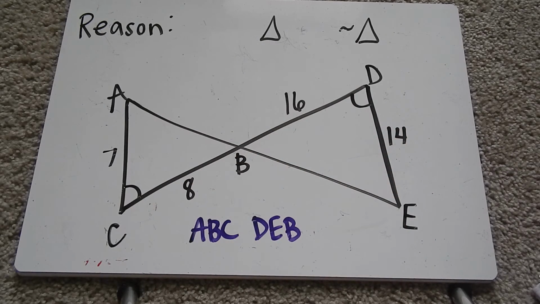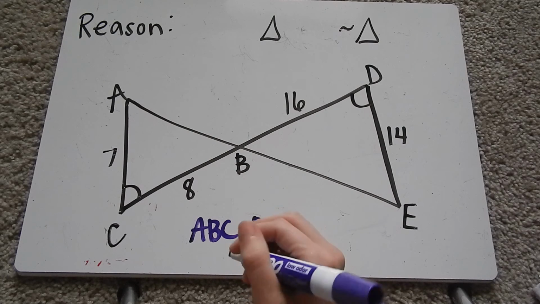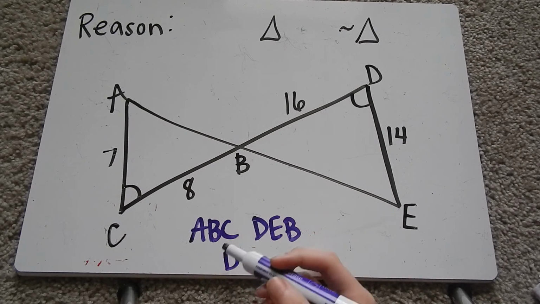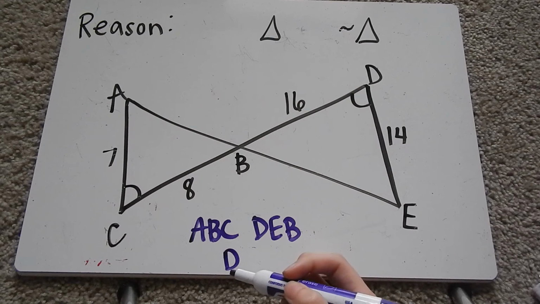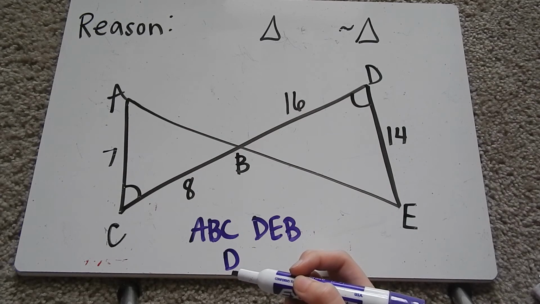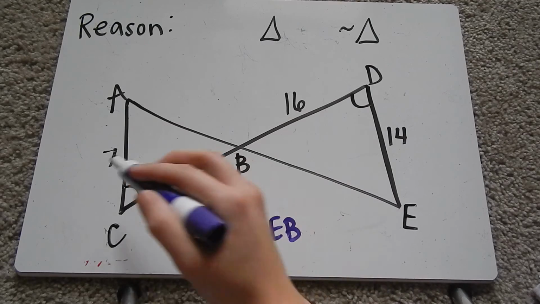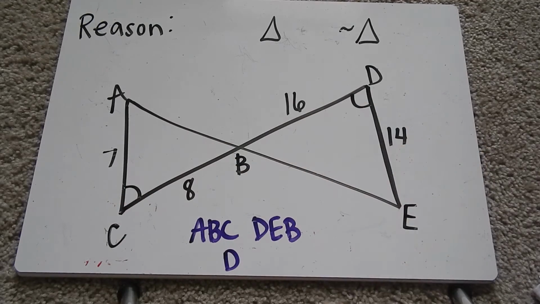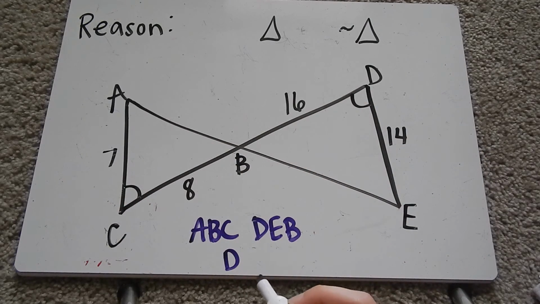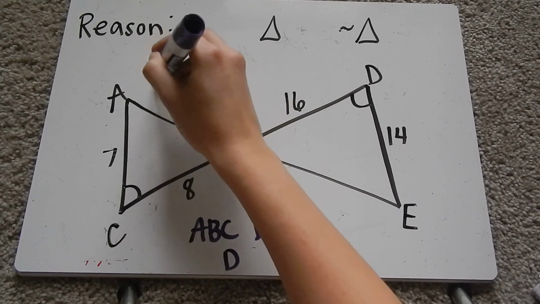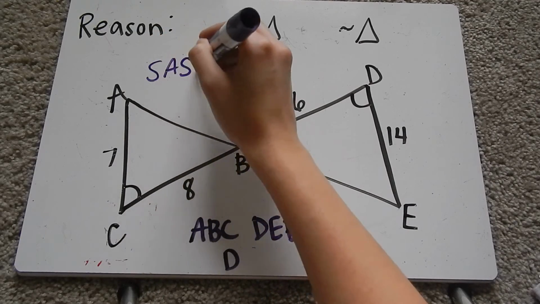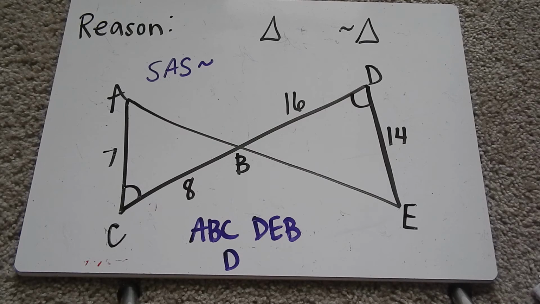So if these do end up being similar, my D would have to go where my C is here, since they are congruent. I have sides that include the angle, which means if these are proportionate to each other, I could have side-angle-side similarity.